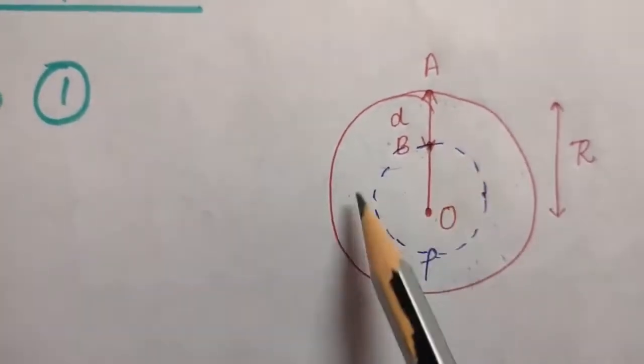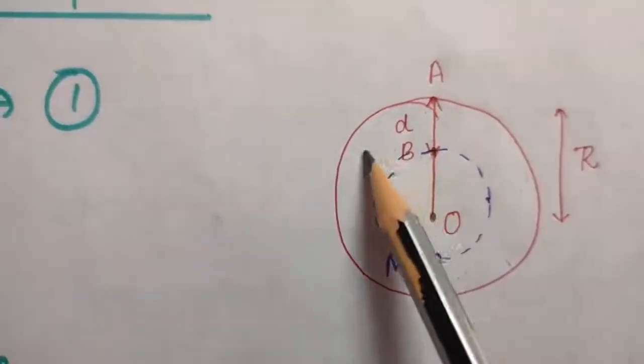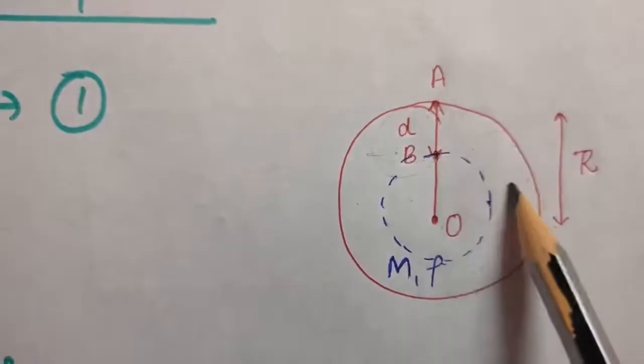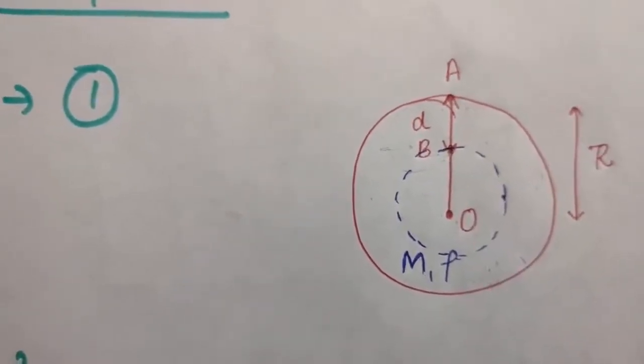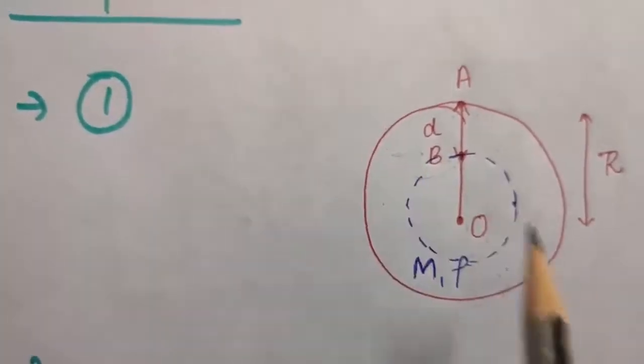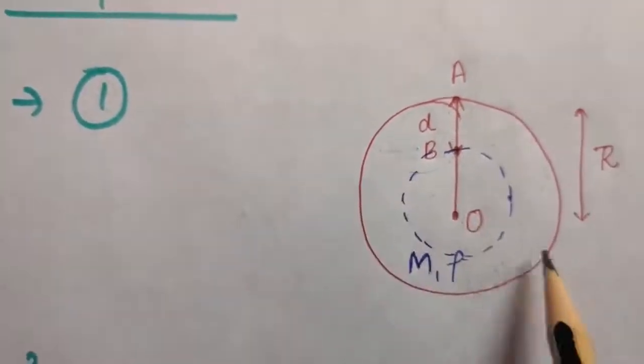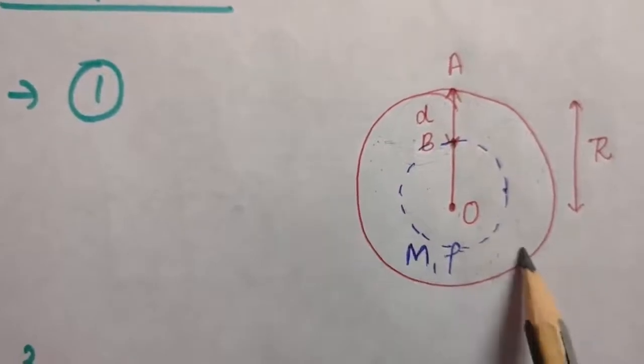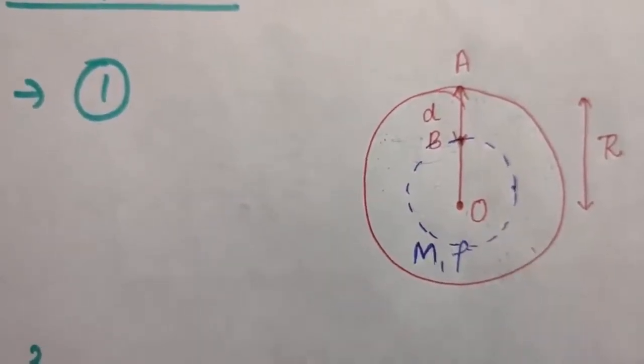So we will be considering only this part. We will be neglecting this part. Although there is some mass, we will be neglecting it, because the masses are present equal and opposite. So therefore force of attraction will also be equal and opposite, and therefore it will cancel out.